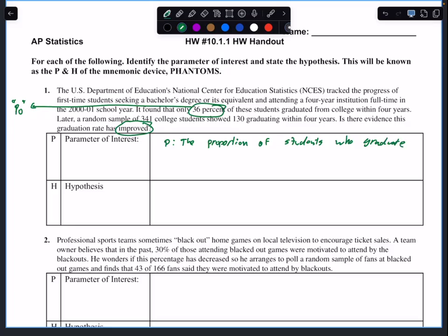Graduate college, more specifically within 4 years. You can say college with a bachelor's degree, but within 4 years.